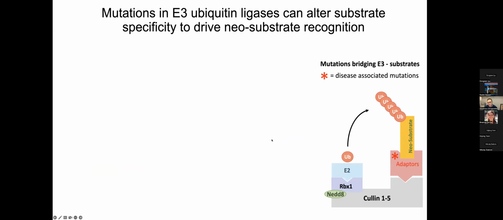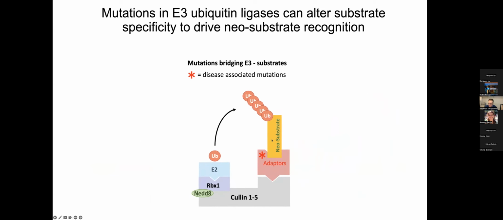But today I would like to tell you about our finding, and I hope I can convince you that there is another possibility beyond chemicals to allow the recruitment of neosubstrates. And this is that mutation in adapters can change the substrate specificity to allow the recruitment of neosubstrates.